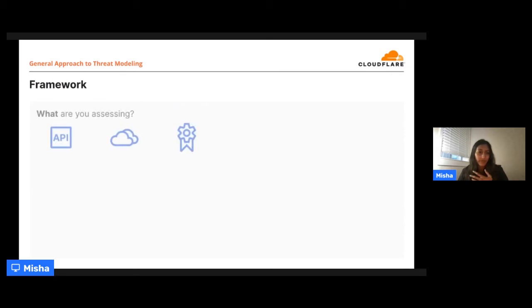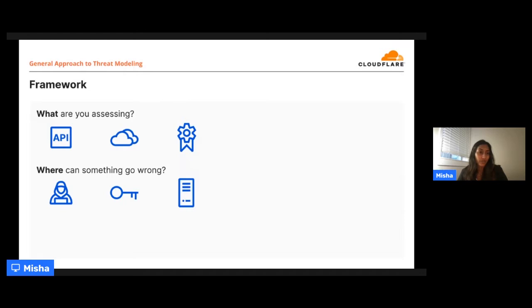So the general approach includes answering some of these questions, right? You could be assessing APIs, your cloud environment, GCP, AWS, or you could be assessing certificate management and how the service authenticates to other services. So you're also looking into where things can go wrong. You could be dealing with over-permissive users, mismanagement of keys, or even hardware-related vulnerabilities.